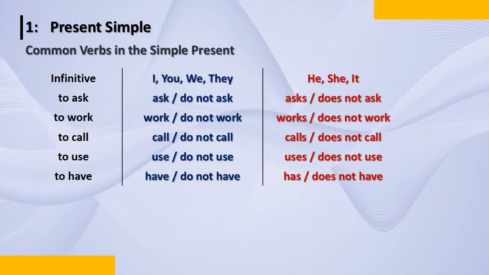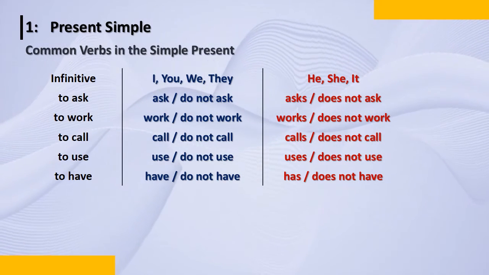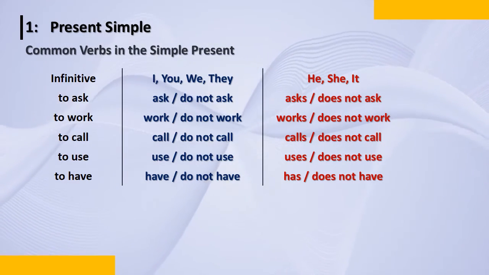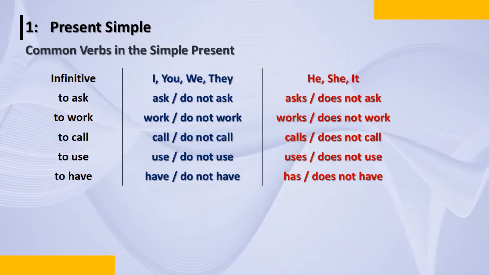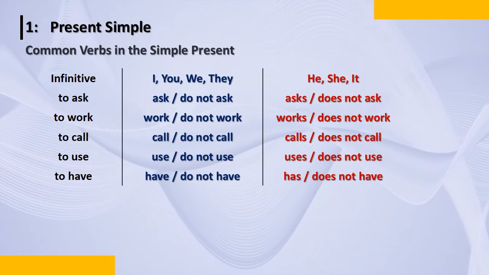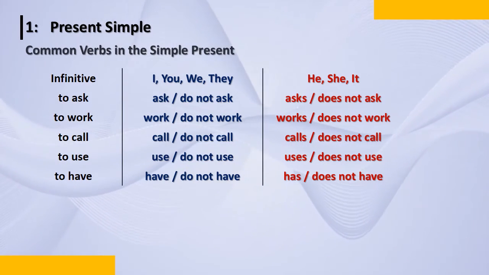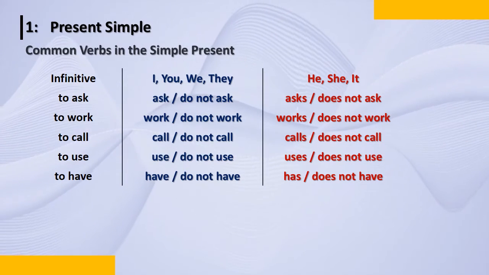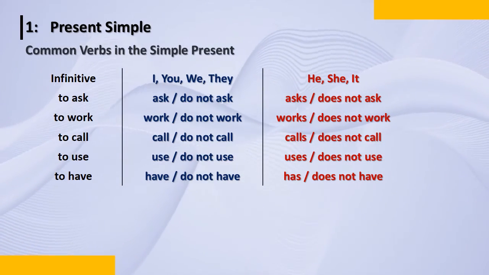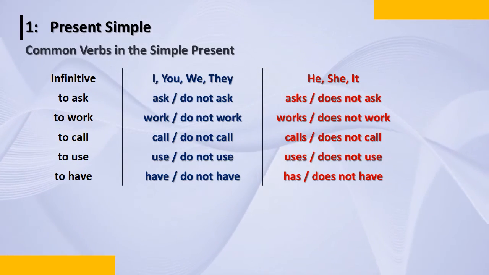Do not work today. If I am talking about a third person, asks, does not ask. He doesn't ask me at all. Work. He works. Like I said, Sandra works as a teacher. Does not work. He does not work at all.